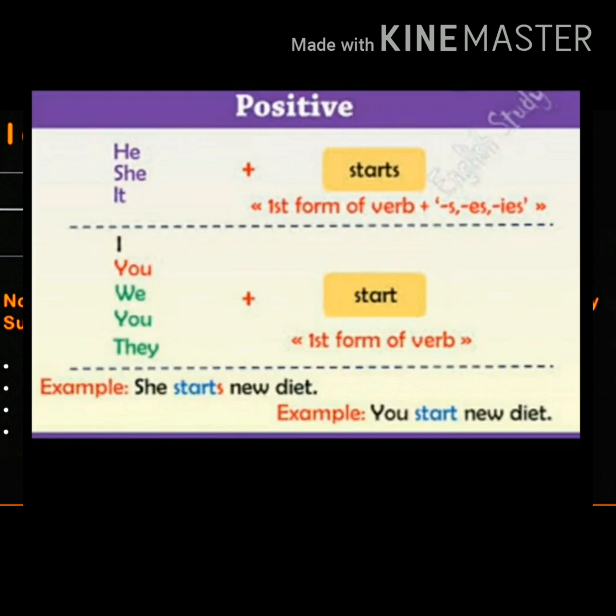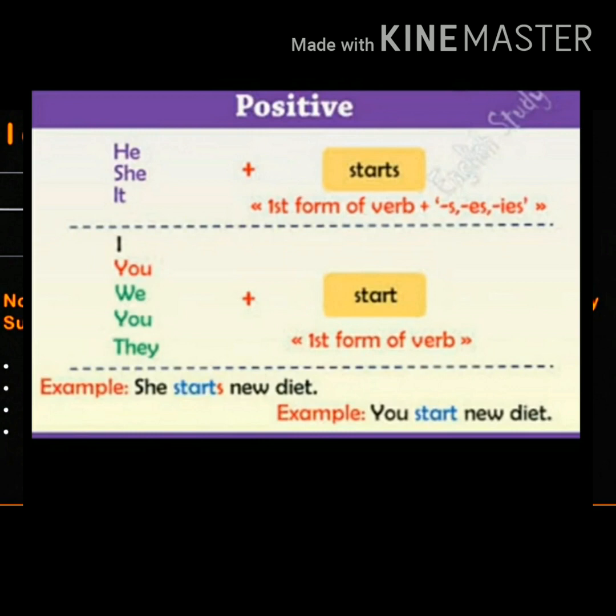Children, do you remember this slide, where I explained that when the sentence has singular number like he, she, it, we should add s, ies or es with the verb, and when it is plural we cannot use any s or es in the verb.